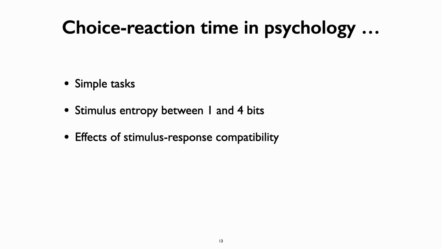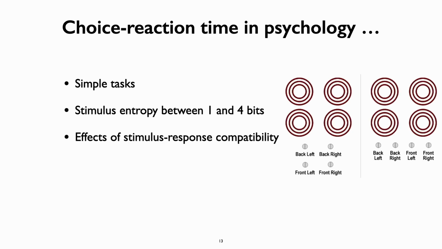Stimulus-response compatibility characterizes the fact that it is easier to respond to a stimulus using certain responses than others. For example, if the stimulus is coded in digits, it is easier for someone to call out the corresponding digit than to call a letter. And this is similar to direct and indirect mapping. For example, the design of the knob to burner on the left is more direct and easier to understand than the one on the right.